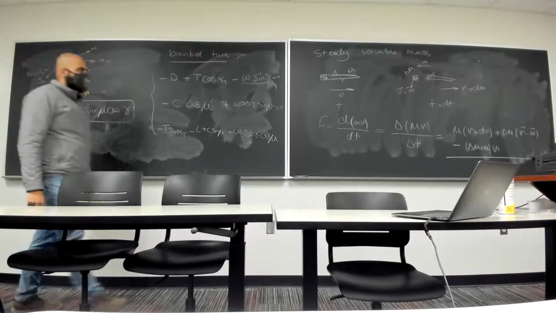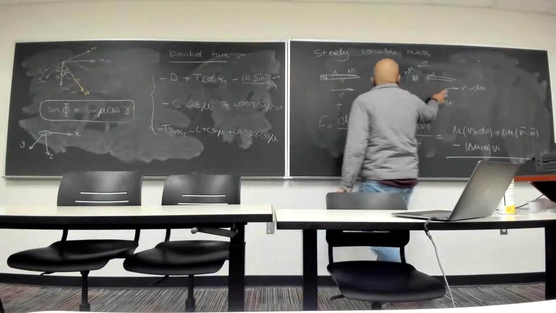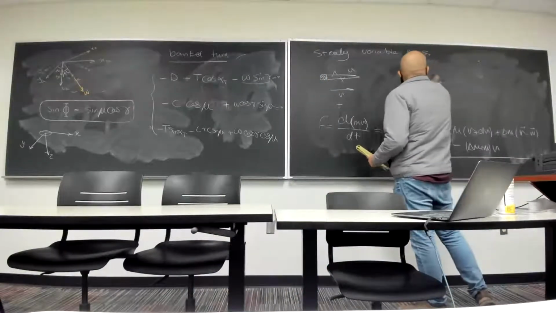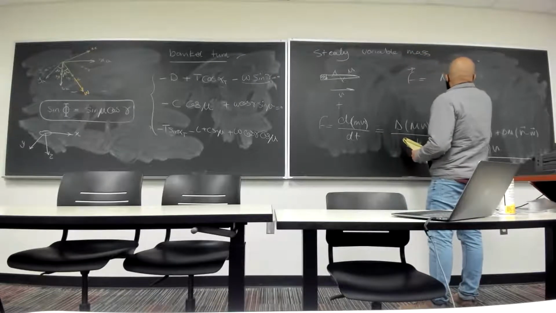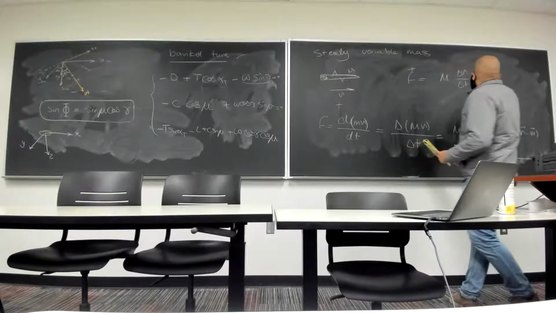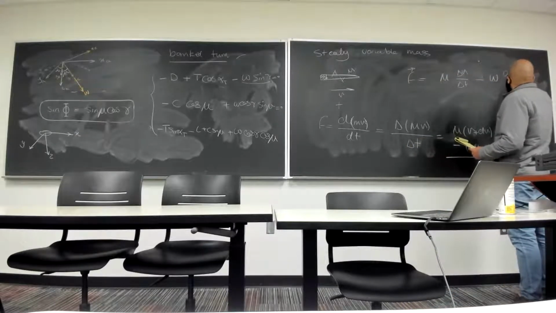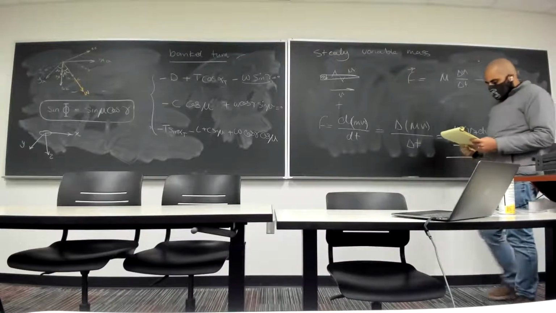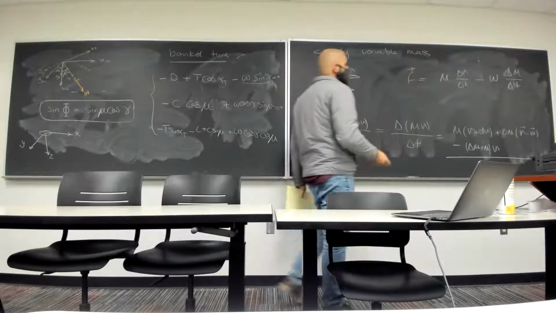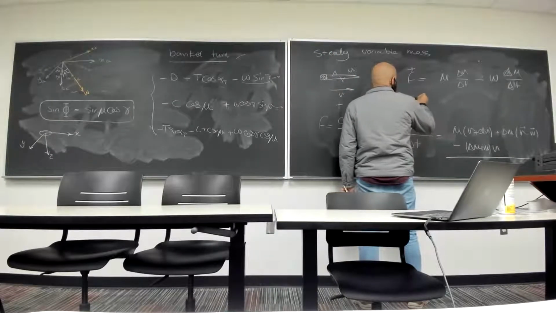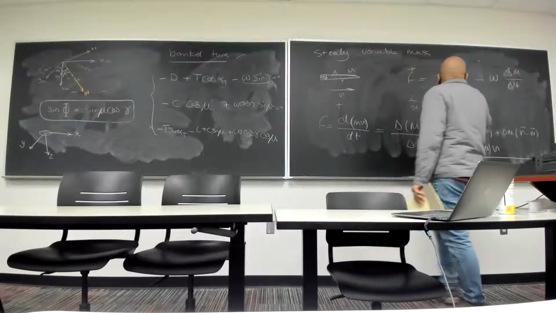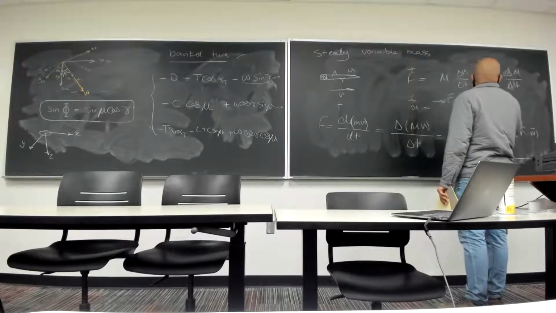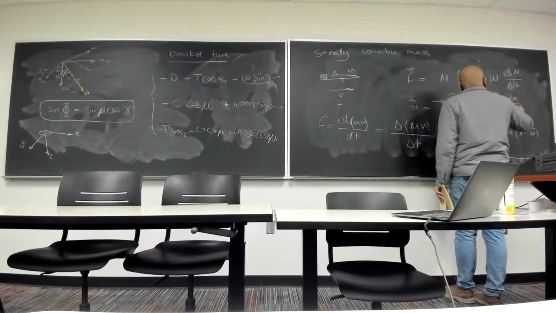So if you simplify this equation, eventually the force is going to be F equals M delta V over delta T minus W delta M over delta T. If you take the limit and take delta T to 0, you end up with F equals M dV/dt minus W dM/dt.